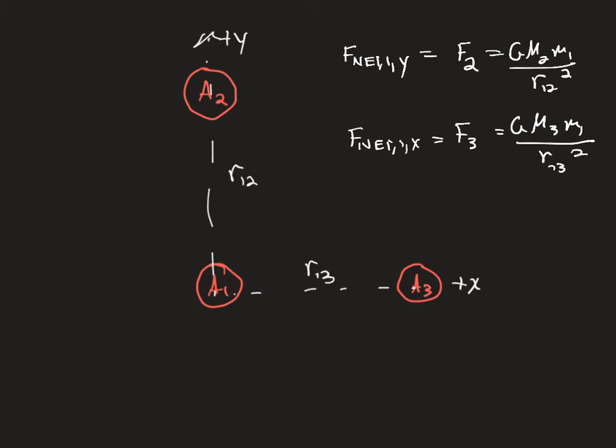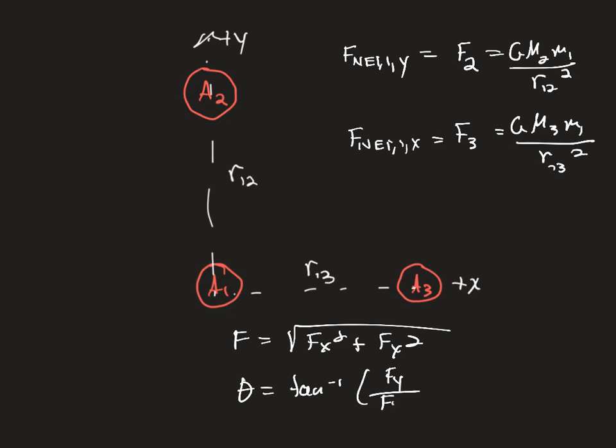And once we had our x term and our y term, you would have to do Pythagorean's theorem and inverse tangent to find magnitude and direction. So we do have to remember that force is a vector.